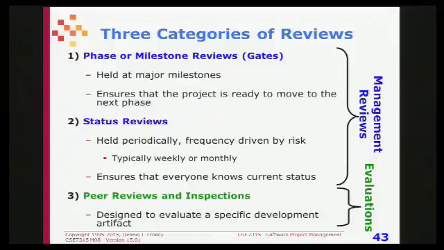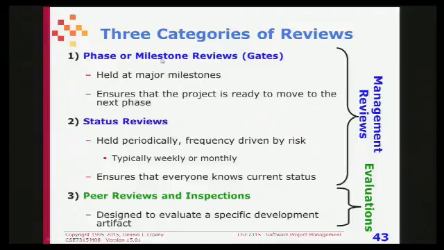Now, let's talk about categories of reviews. There are 3 categories that I'm going to describe here, and they are described slightly differently in the software development plan. What I call the management reviews, that's the first 2 categories, are divided into what I call phase or milestone reviews, sometimes called gates, and status reviews.